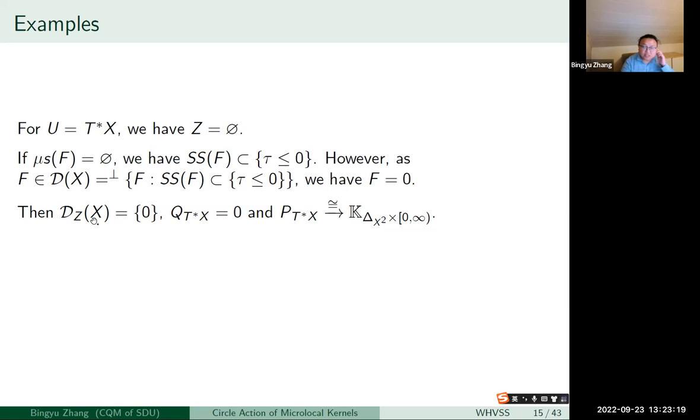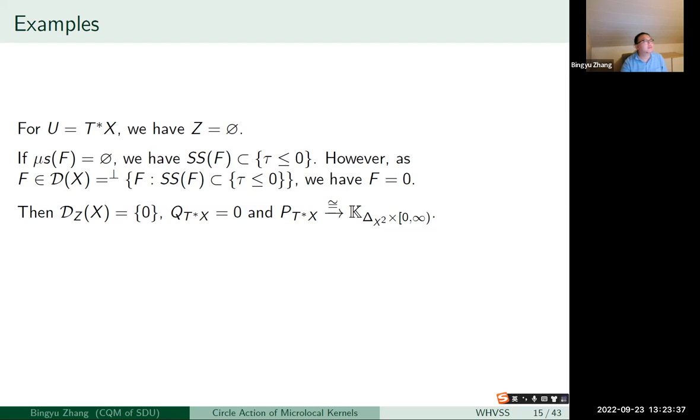And in this way, we say that the kernel Q is a zero sheaf, and P is nothing but the identity functor.